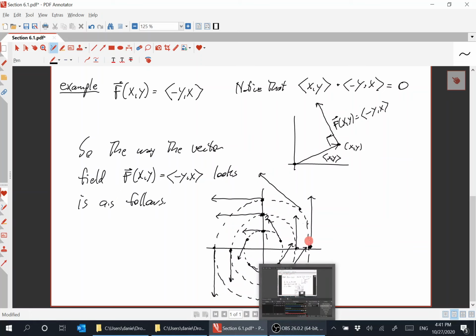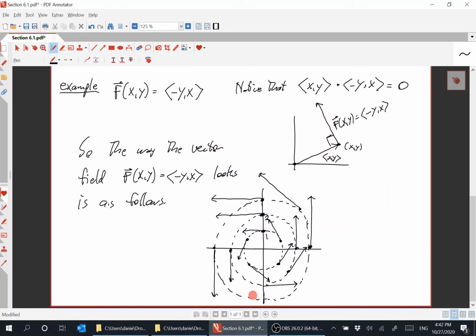Length 3, length 3, length 3. All right, so this is the vector field that we have. That's the way it looks for the vector function F of x, y equal to minus y comma x. It's kind of got that nice whirlpool effect going there.